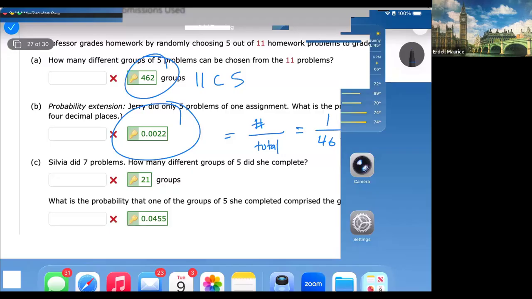There is a 1 out of 462 chance that those are the 5 questions the professor chose, because that's 1 out of the 462 possible groups of 5 questions. All right? Question. Raise your hand if you want me to say that again, but this time in English.